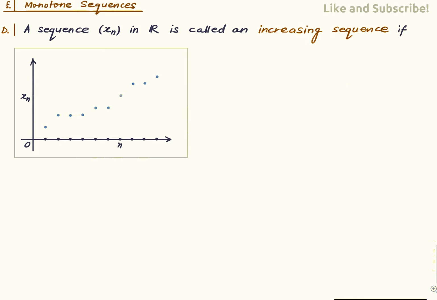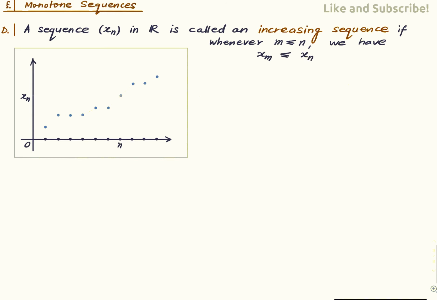So you say that a sequence xn of real numbers is increasing if whenever m is less than or equal to n, we have xm less than or equal to xn.